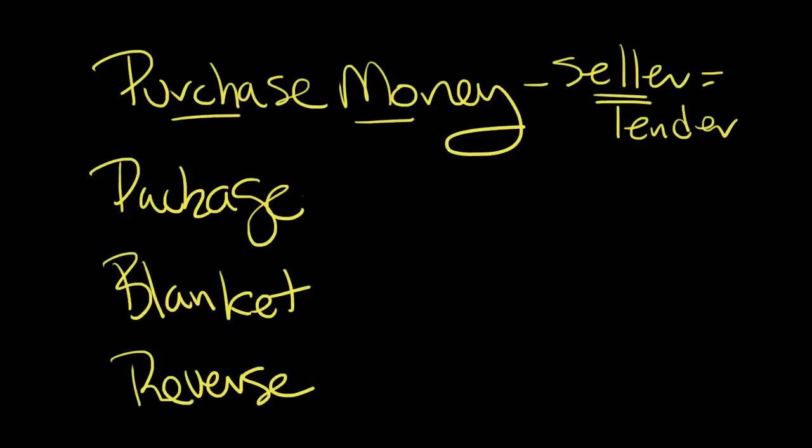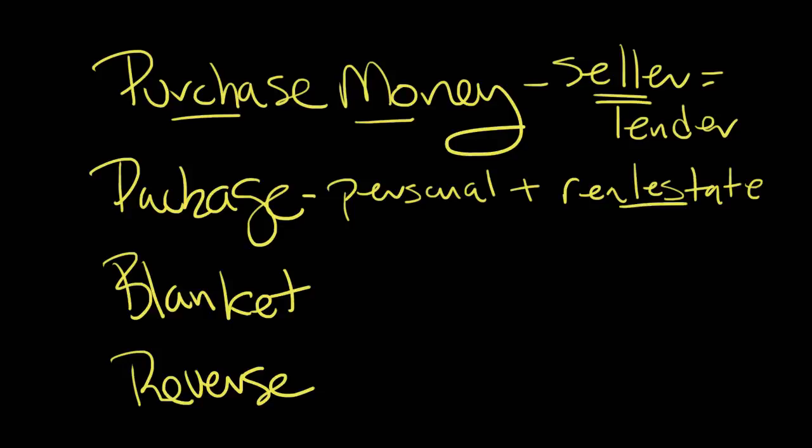The next option here is package mortgage. And this is when you buy both personal property. Ooh, we don't usually mortgage personal property, do we? Oh, no, we don't. But we do it when we get a package mortgage and real estate. We package it together. Get the definition there, okay?